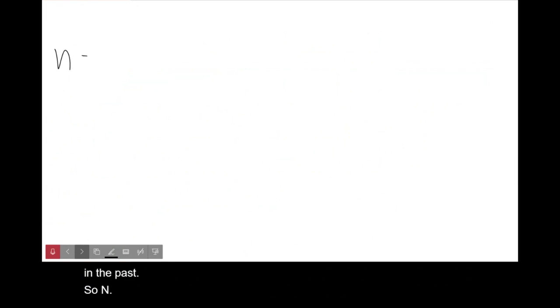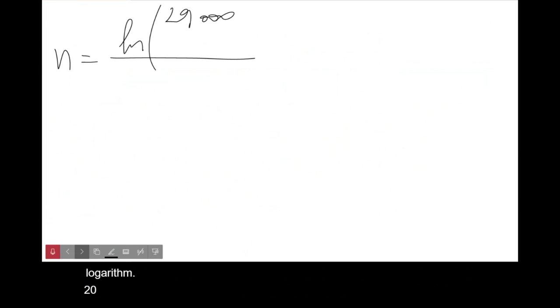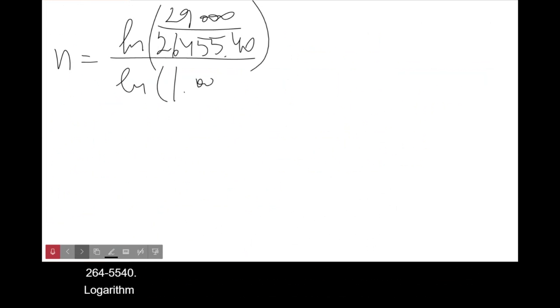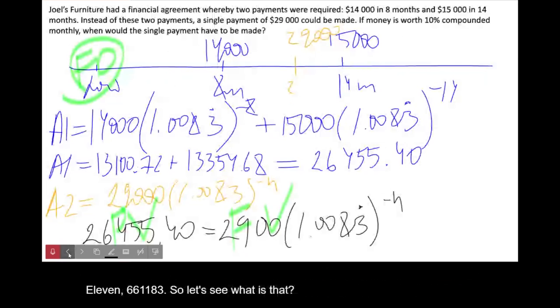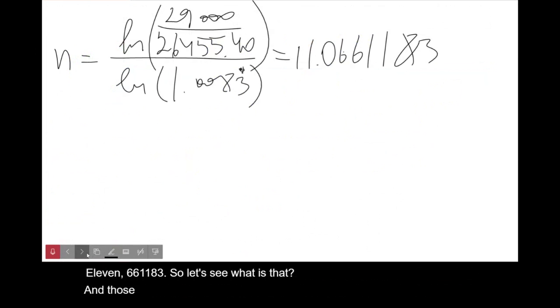So n is logarithm of 29,000 over 26,455.40, over logarithm 1.0083 in period. So let's see, what is that? It's 11.06611183. So let's see what that is. And those are months.